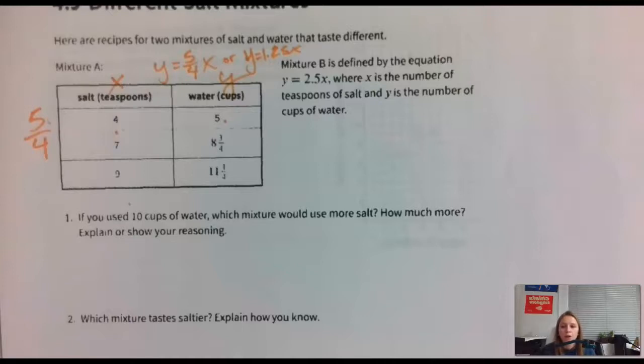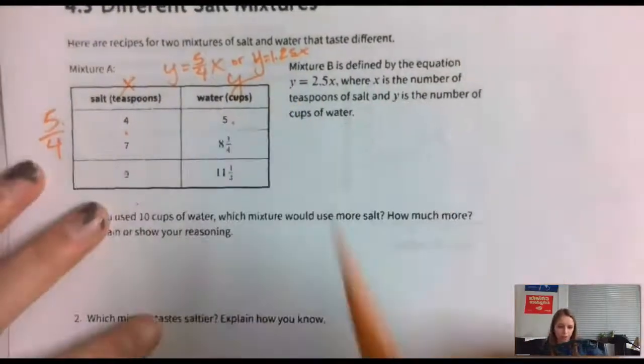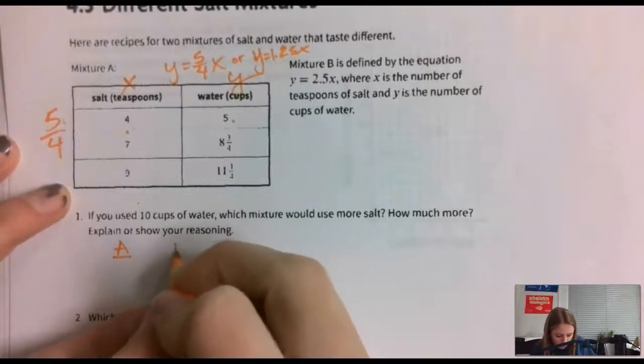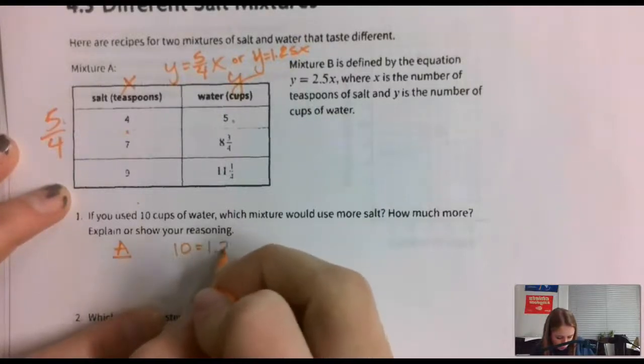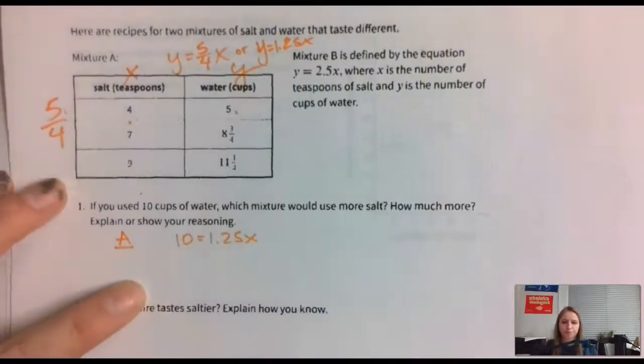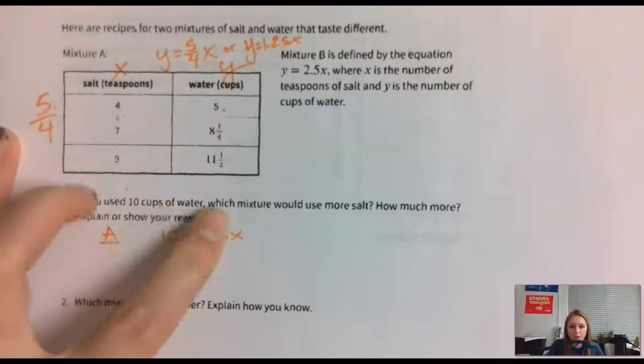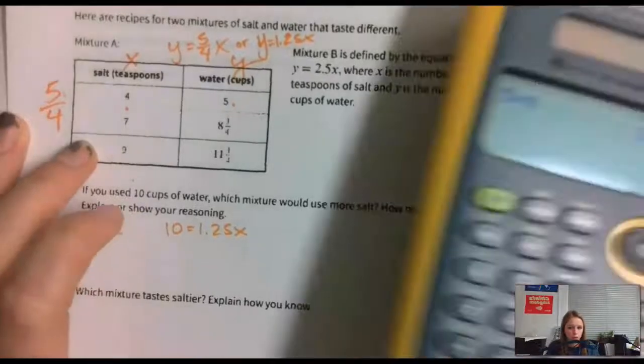Okay, so y represents the water, so we're going to plug in 10 for y in both of our equations here. So let's do A. So 10 equals 1.25x, because water is represented by y, and we want to figure out how much salt when we have 10 cups of water.